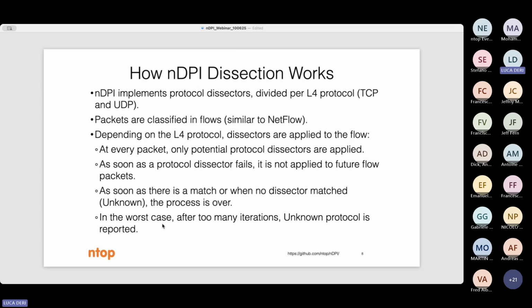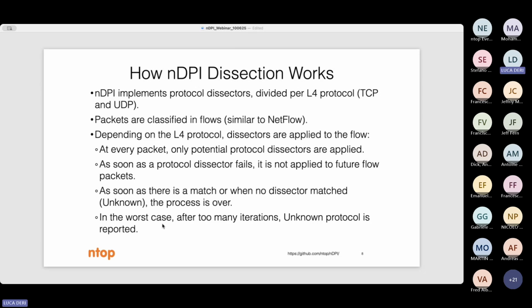We need to divide the traffic into something called flows, so we need to sort packets according to a communication, the usual 5-tuple: packets belonging to the same source IP, destination IP, source port, destination port, and the same protocol. This is called a flow, similar to what NetFlow defines.